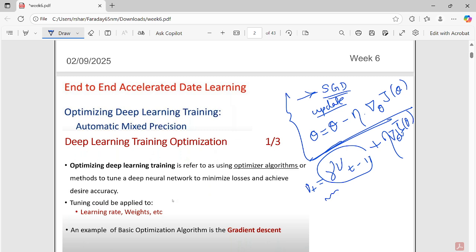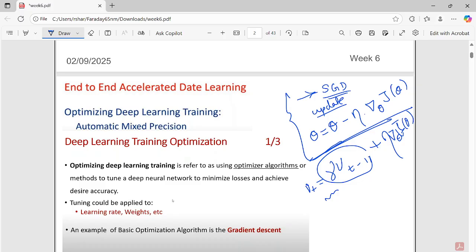Next we have RMSprop, where it adapts the learning rate for each parameter by dividing by a moving average of the recent gradient magnitude, and it's used in recurrent neural networks.